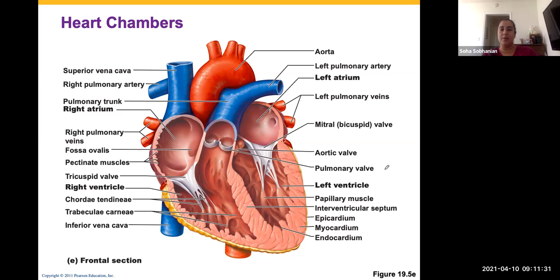What blood vessels come into your right atrium? So 3 out of 30 students answering the question is not a good sign, guys.